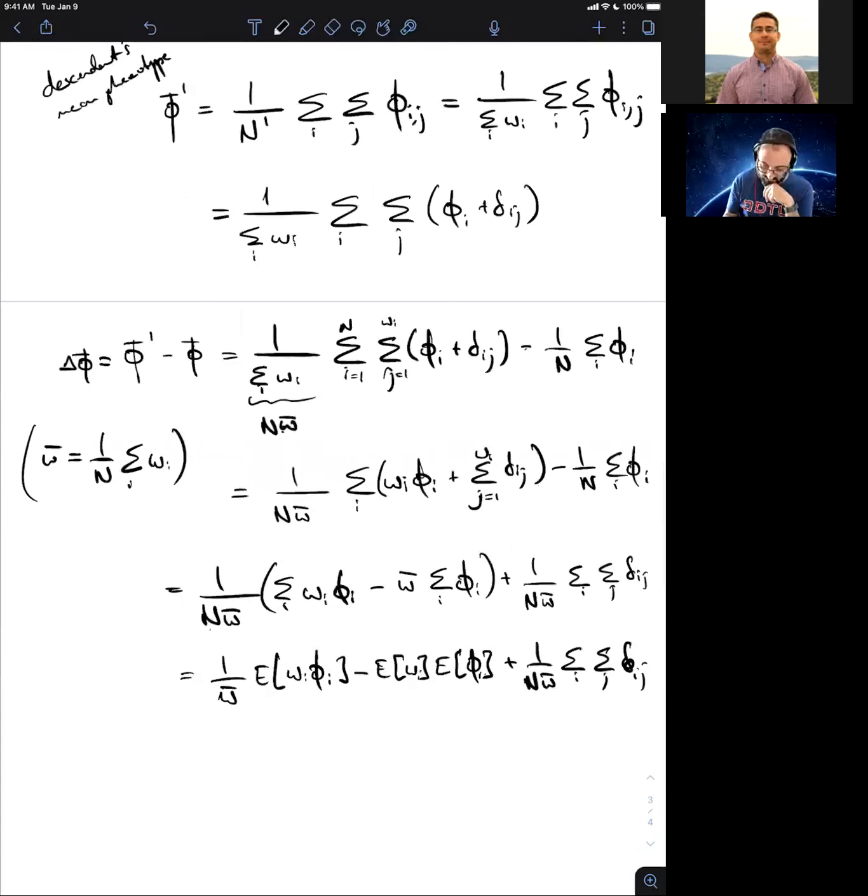This should look familiar to you from the previous hour. This is the expectation of the product minus the product of the expectations. So this is the covariance of W and phi.